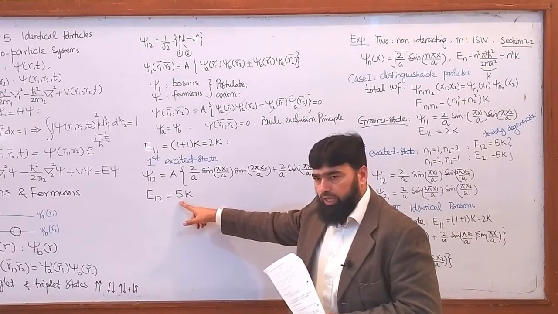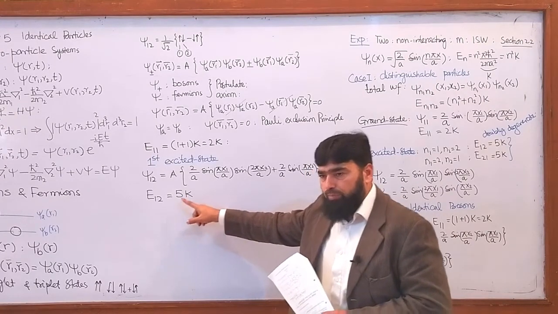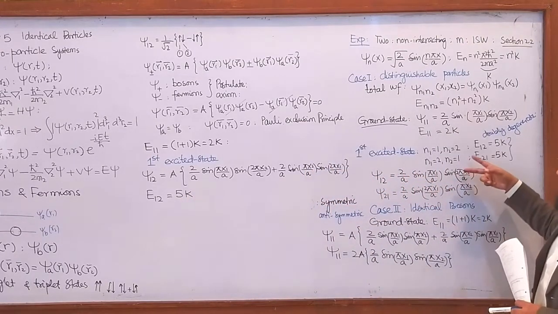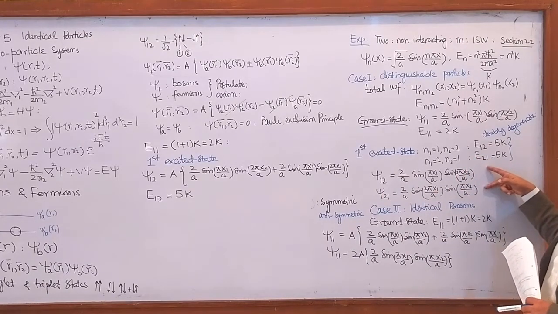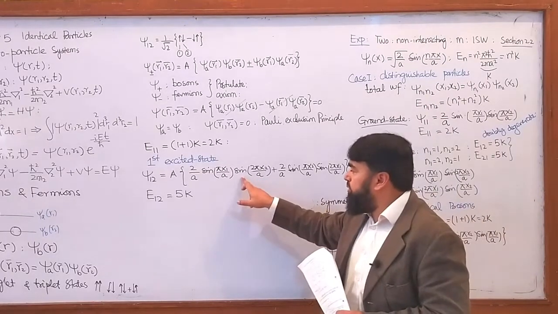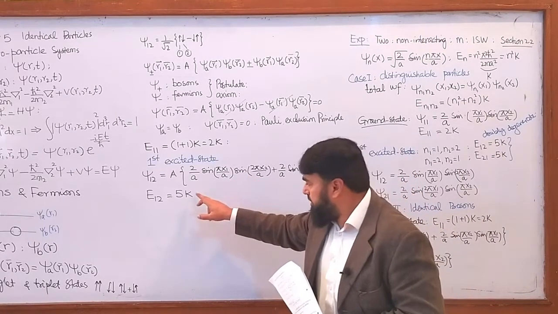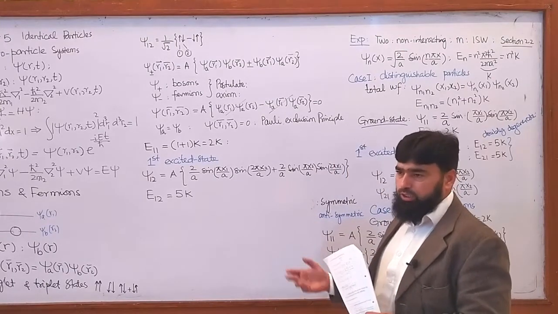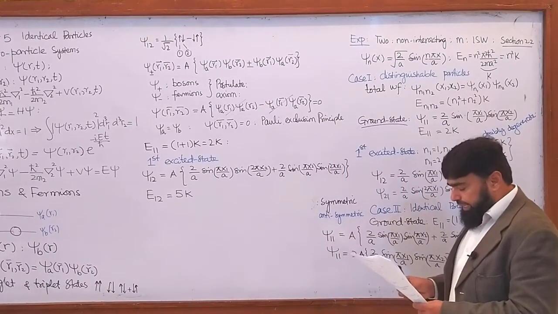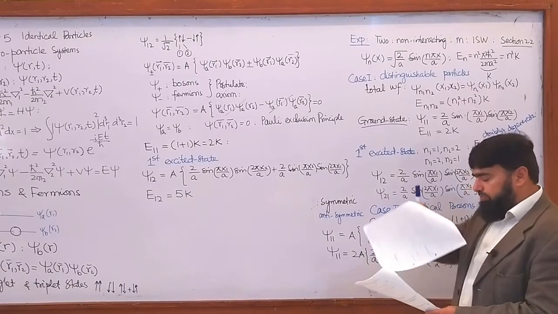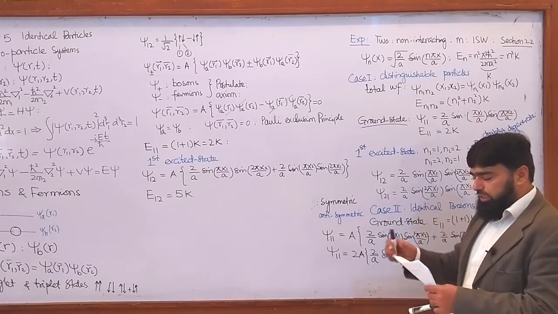So the energies are the same. But in distinguishable particles, the excited state was doubly degenerate, while here we have only one state. So it is a non-degenerate state. One state is here.